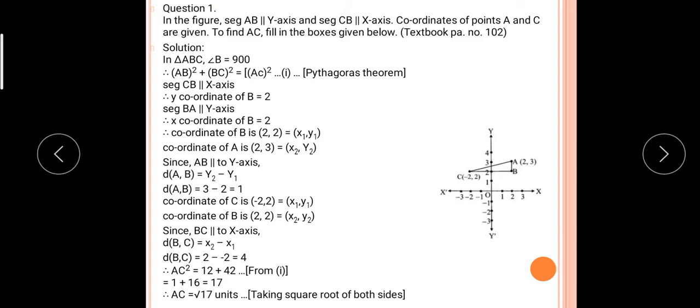Very simple it is. Now all of you know the Pythagoras theorem. Yes or no? Yes. Firstly, see what the coordinate of point B is. It is (2, 2).